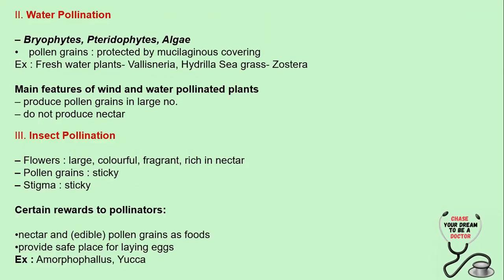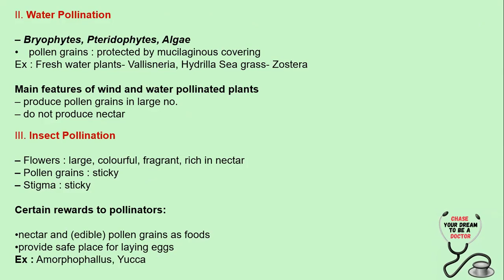Whereas coming to the case of water pollination, it is mainly seen in bryophytes, pteridophytes, and algae. Water pollination, what is the speciality? The pollen grains will be protected by a mucilaginous covering. For example, freshwater plants such as Vallisneria and Hydrilla, and seagrass such as Zostera, also show water pollination.